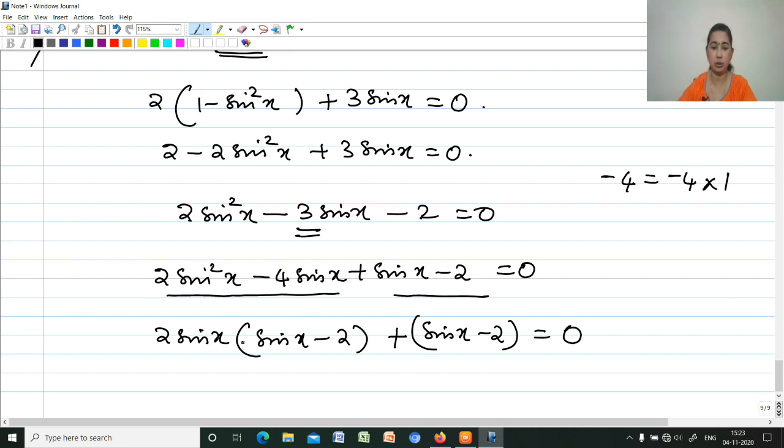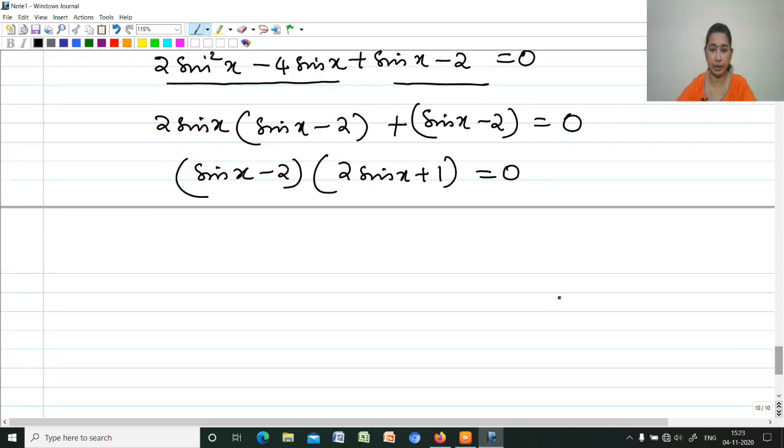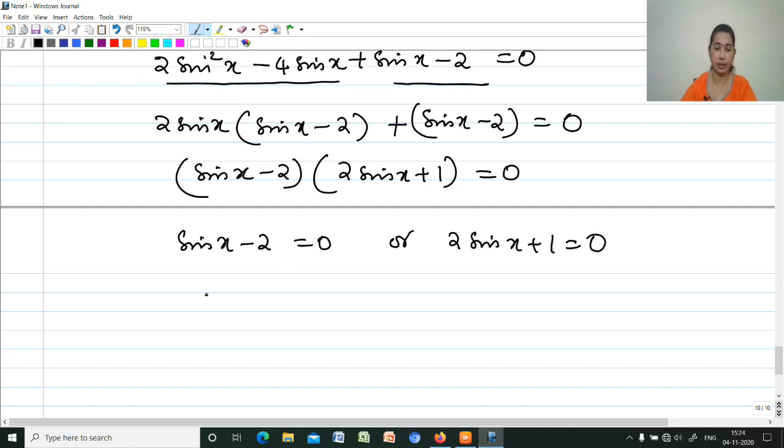Again from these two terms, sin x minus 2 is common, remaining 2 sin x plus 1 equal to 0, or we can write this as sin x minus 2 equal to 0 or 2 sin x plus 1 equal to 0.